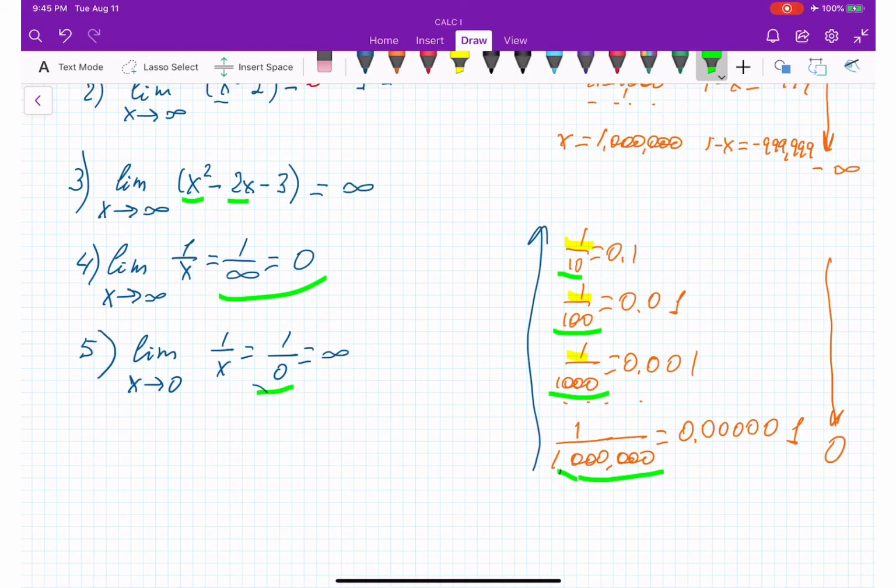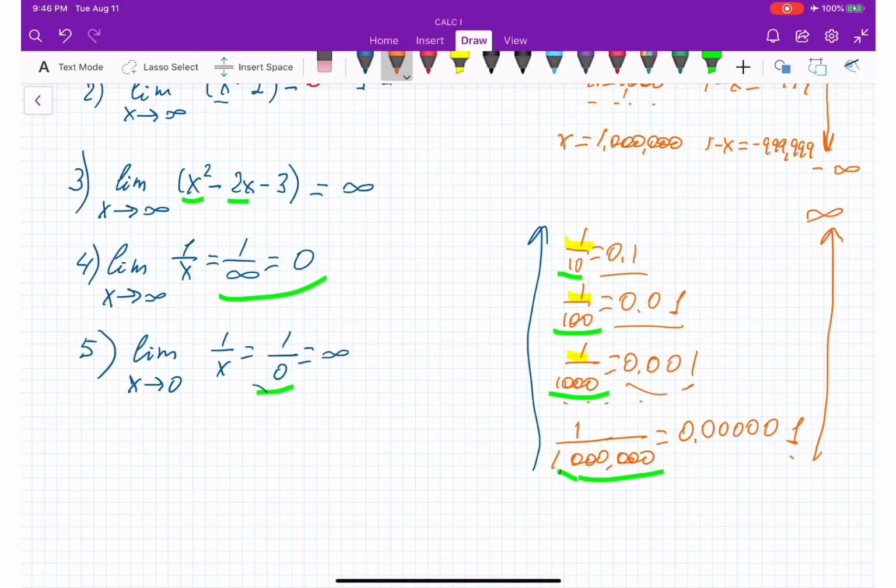It's gonna get bigger and bigger. So in this case, it's gonna go to infinity because these numbers are getting bigger and bigger. Or you can arrive from 1 over infinity equal 0.